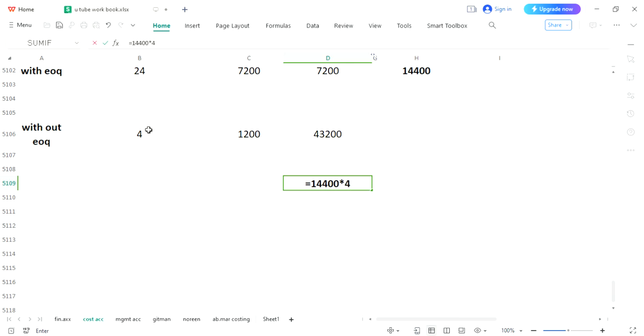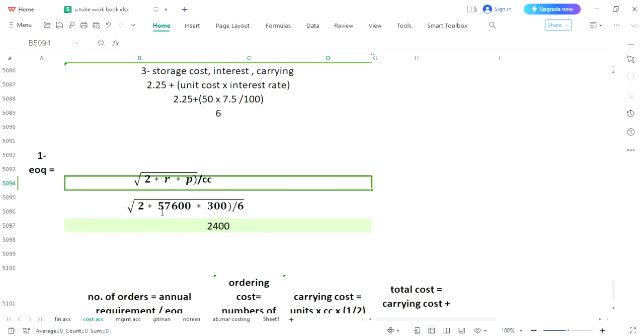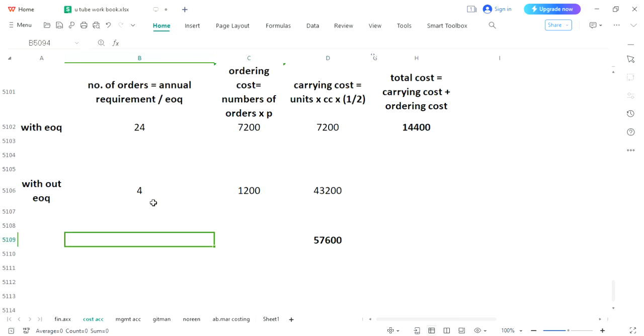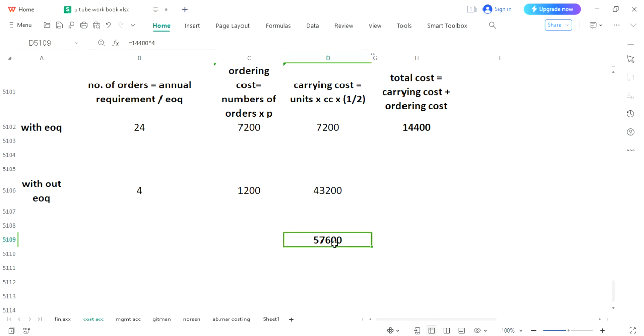So it should be equal to our annual requirement. Please repeat my sentence: it should be equal to the annual requirement. And you can see 57,600, and our annual requirement is also 57,600. So it's just a side thing to help you understand this question, to make you a little more comfortable with the figures.